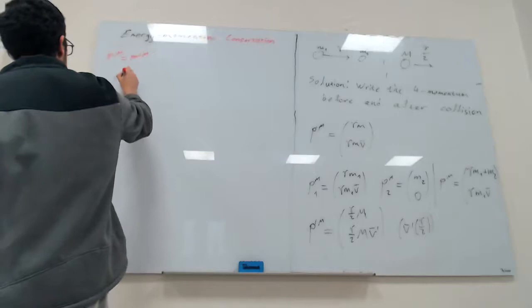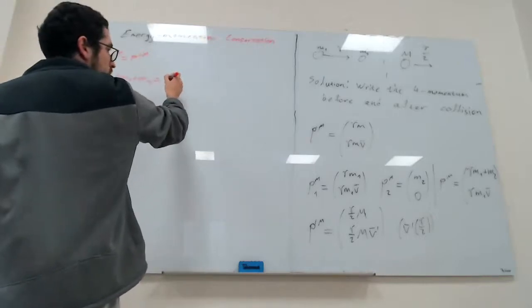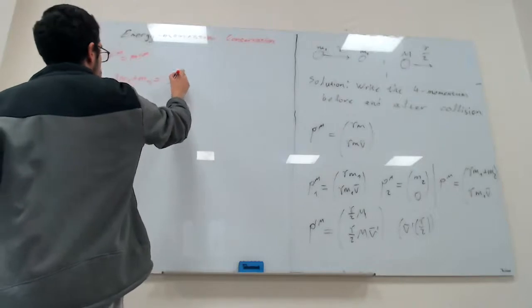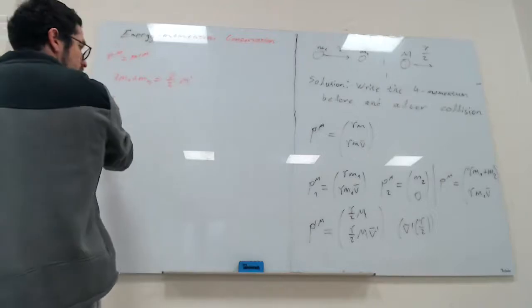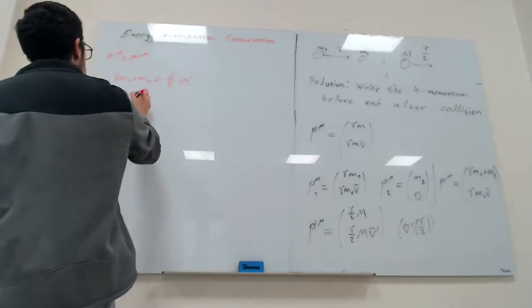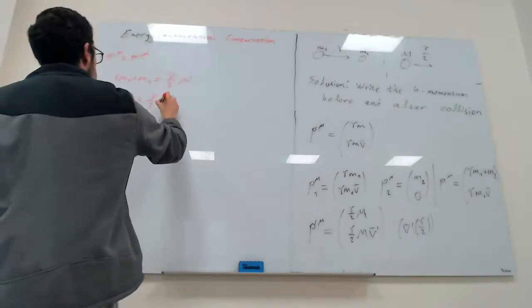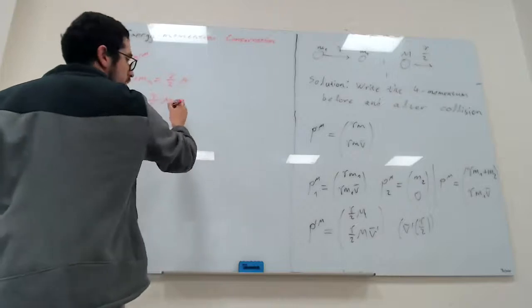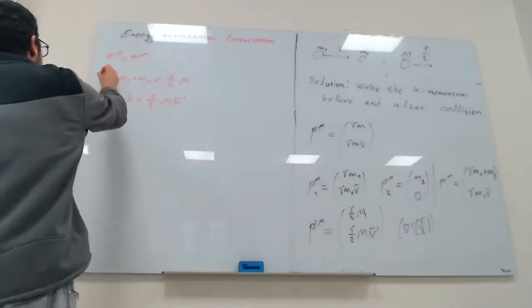Gamma m1 plus m2 equals M times gamma over 2, and gamma m1 v equals M times gamma over 2 times v tag.